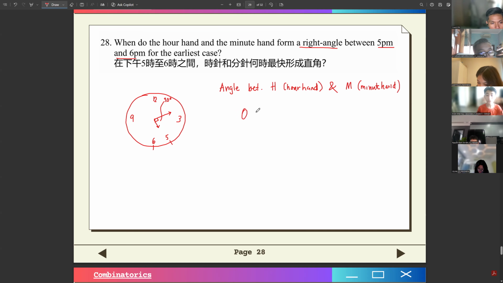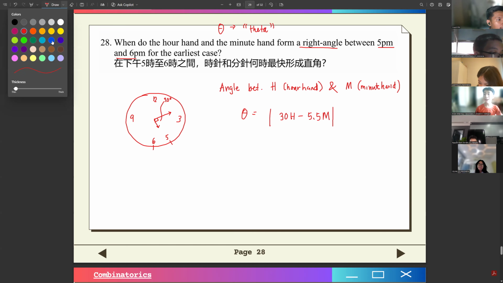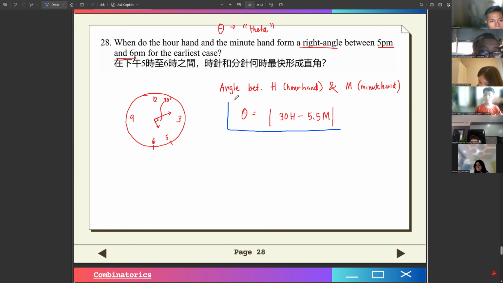It's theta is equal to the absolute value of 30H minus 5.5M. This theta is the angle. No? This is the Greek letter theta for angles. Okay, so remember this formula, ha?